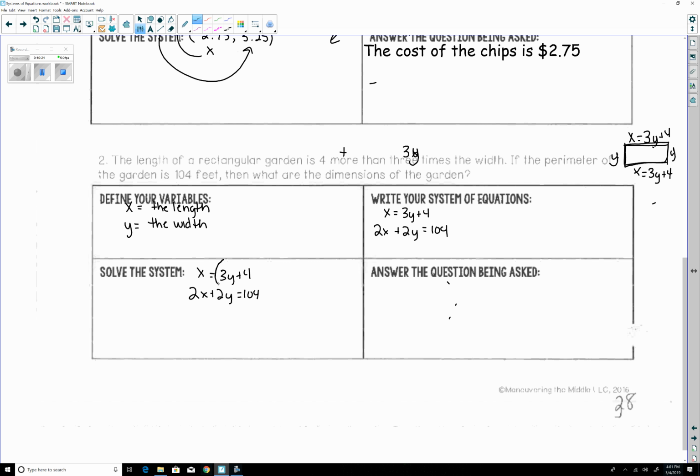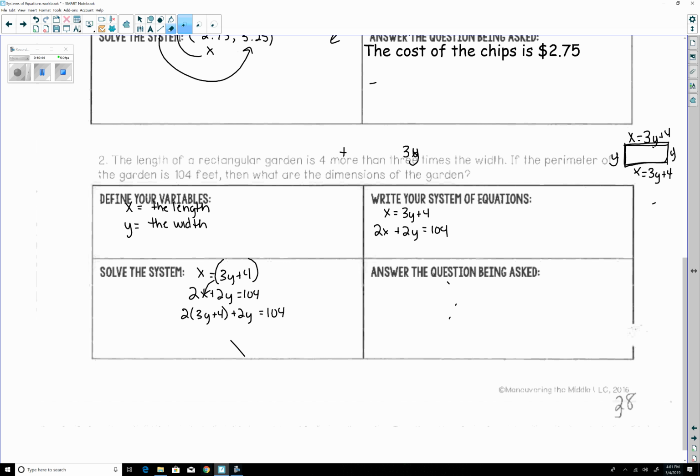So I'm going to substitute this in place of the x. Now substitution is what I'm going to choose here because one of my equations is solved for x, and that's going to be the best method for me to use. So I'll have 2 times the quantity 3y plus 4, plus 2y, and that should equal 104.